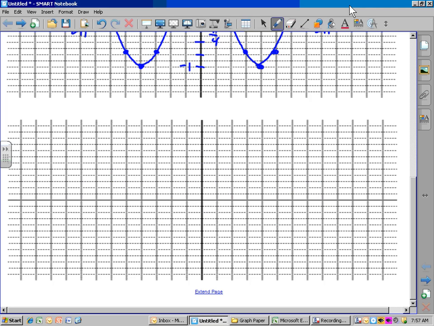All right, let's look at the tangent now. Y equals the tangent of x. Now, the tangent function is a combination of sine and cosine. Sine over cosine, to be exact.